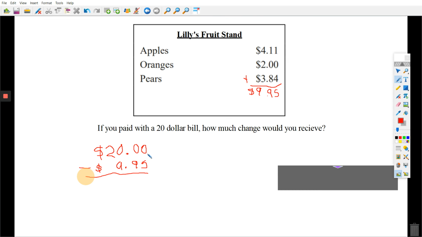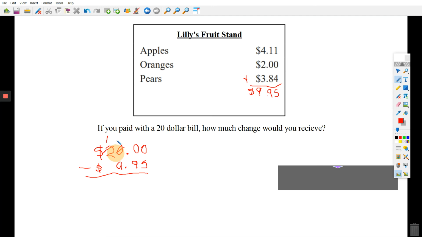Now, we need to subtract across zeros. This 0 cannot subtract 5, so we need to borrow. But the neighbor is also a 0. So we need to keep looking until we find a digit that we can borrow from. This 2 becomes a 1. But we remember that we cannot give it to the 0. We have to go in order until every digit has something to subtract from.